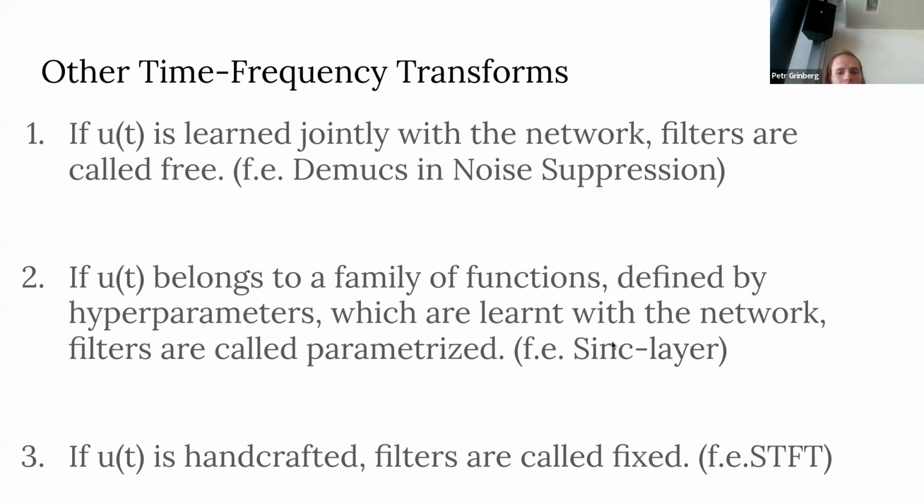We'll see an example in the second part of the day. And if the filters are handcrafted, they are called fixed. In STFT, the filter is just e to the power of something, so they're handcrafted, fixed, and the model doesn't change them anyhow.